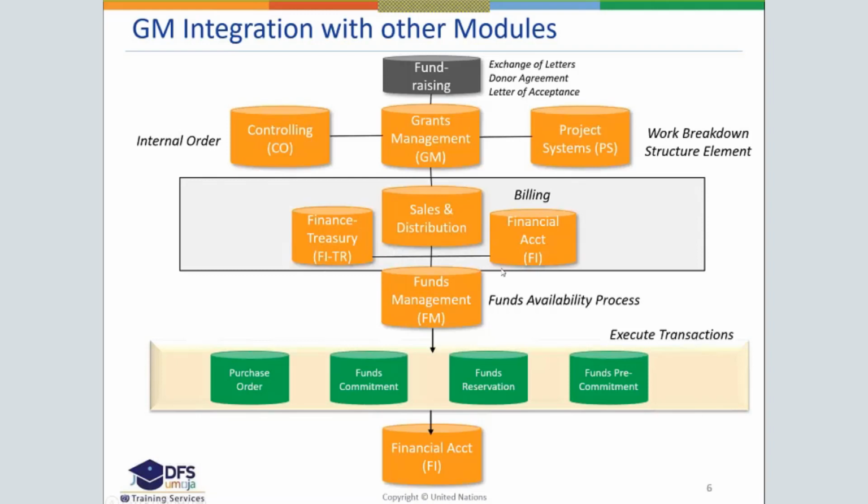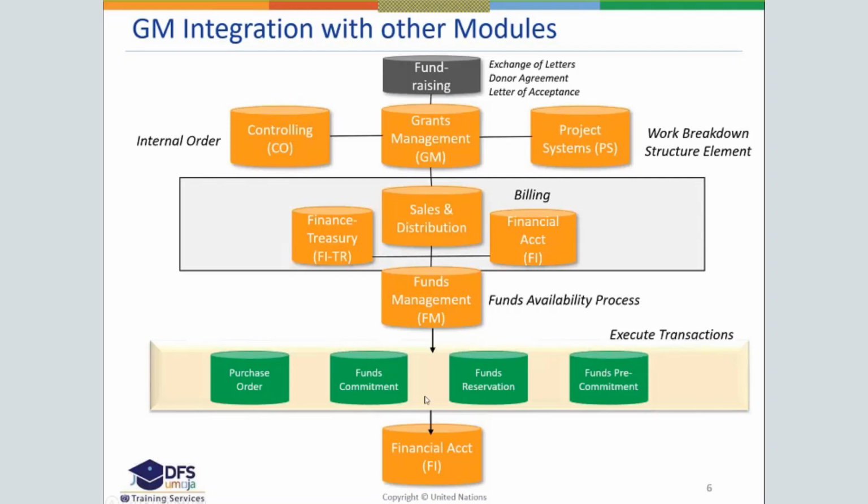Once we have this income tracked in our system as a receivable, we have to allocate this amount to one fund. So the funds management module is impacted as well. And once this amount is allocated in this fund, the execution of the grant will begin.